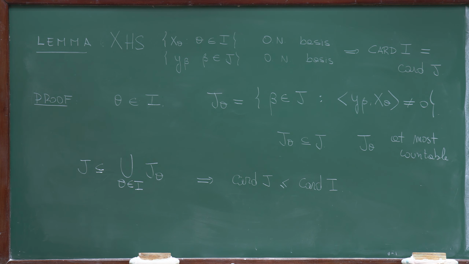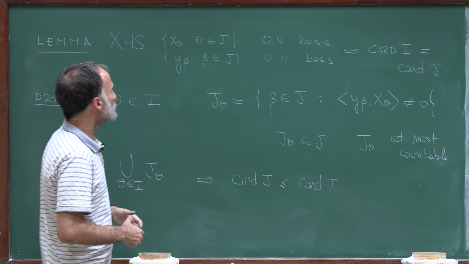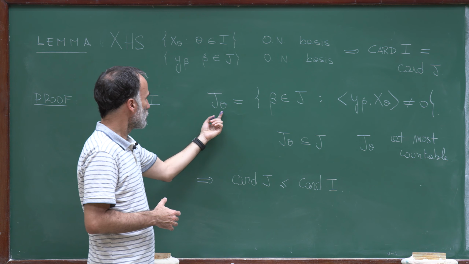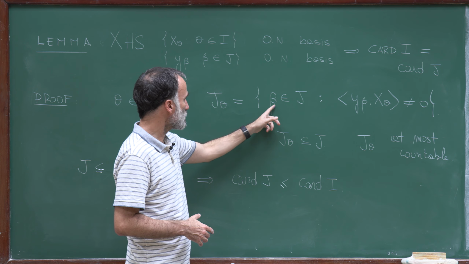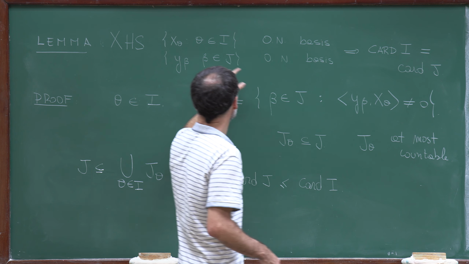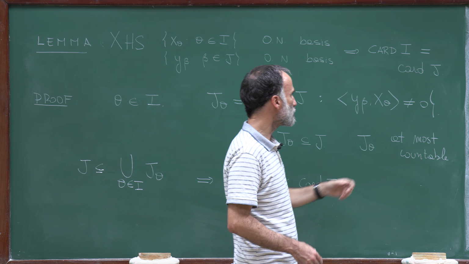So let's assume here that one of these sets is infinite, and let's prove that they have the same cardinality. In order to prove that, let me fix a θ in I. For that θ in I I will define a set, which depends on this θ, which is all β in J for which the scalar product of x_θ, this element with θ fixed, with y_β is different from 0.